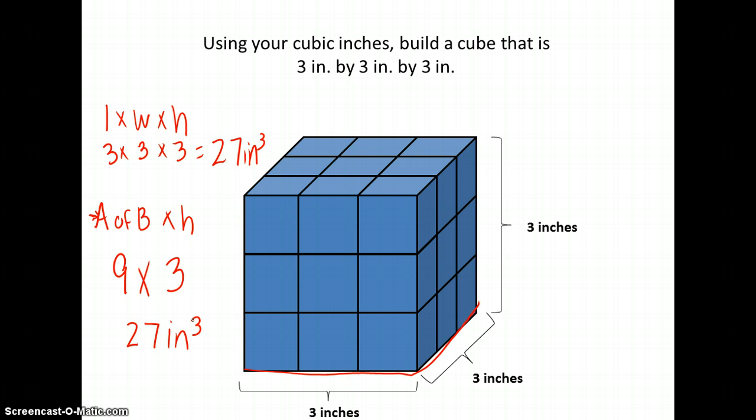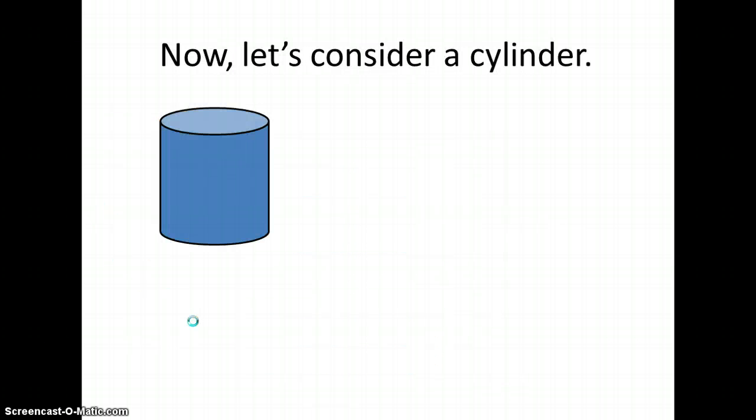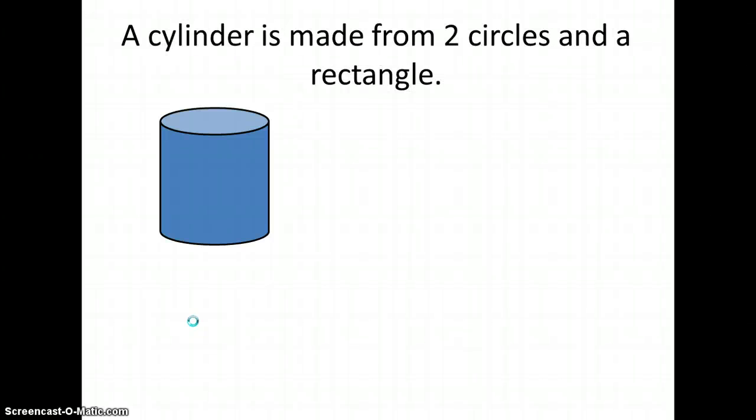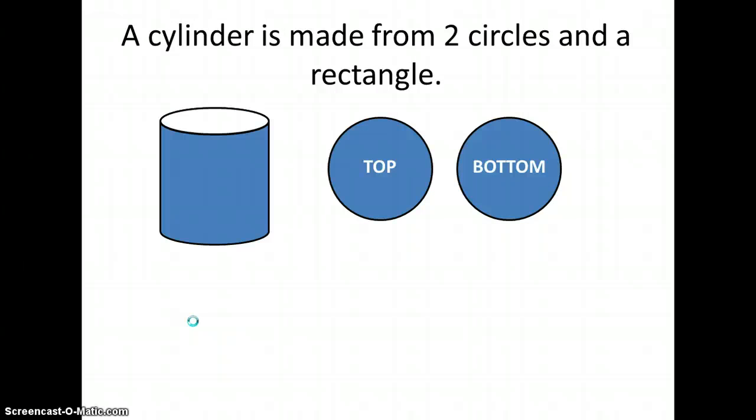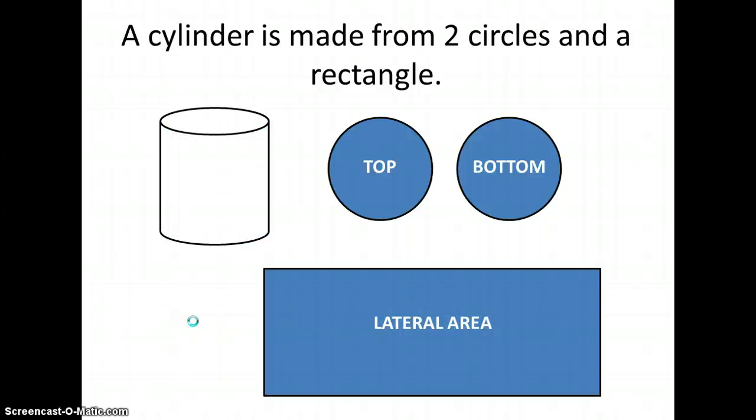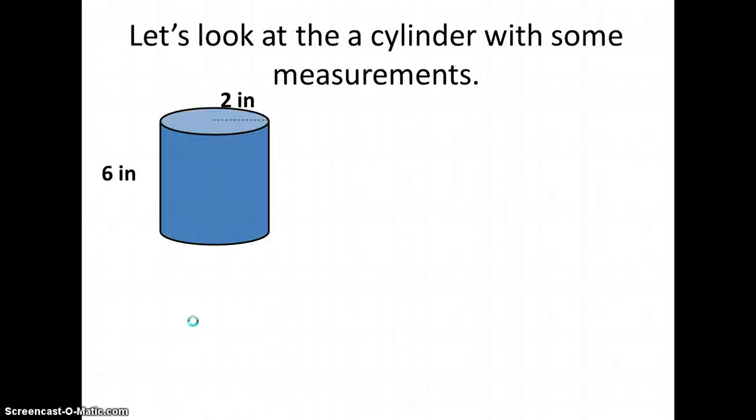Let's see how that looks on a cylinder. Let's consider a cylinder first. The bases are made up of 2 circles, and the height is really just this big long rectangle that's been curved around the circles. If I look at a cylinder with measurements, I'm still going to use the area of the base and multiply that by the height, just like with a rectangular prism.